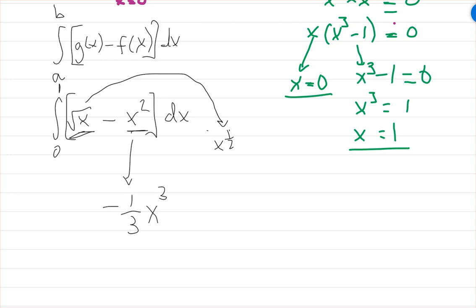And the integral of x to the 1/2 is going to be what? Well, you're going to add 1. So that's going to be x to the 3/2. Problem is if we put x to the 3/2, when we take the derivative, we multiply by 3/2, we're not going to get a 1 there.